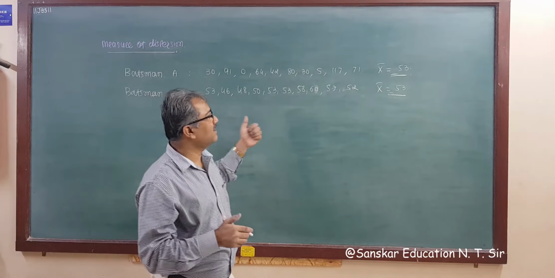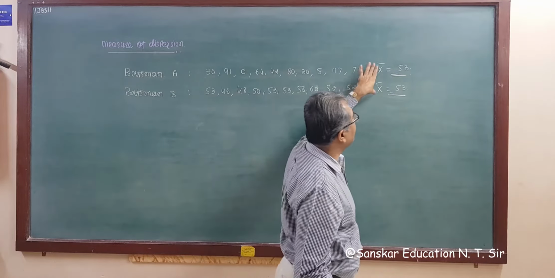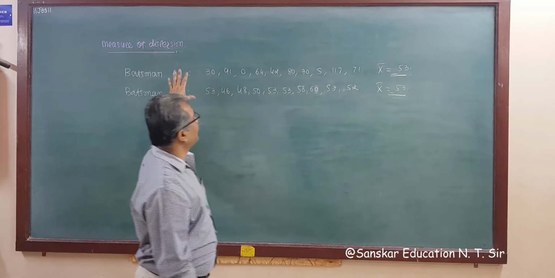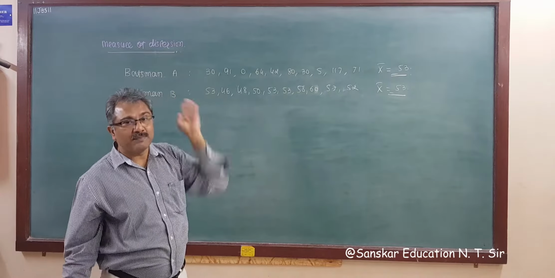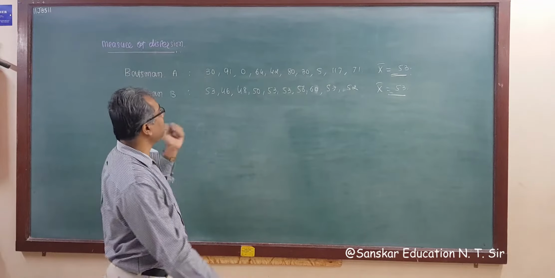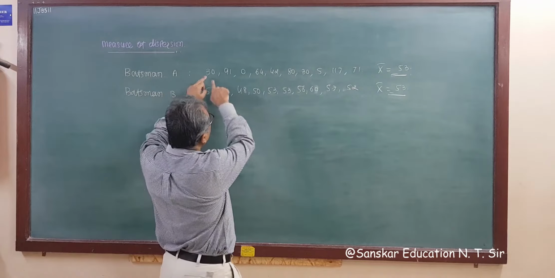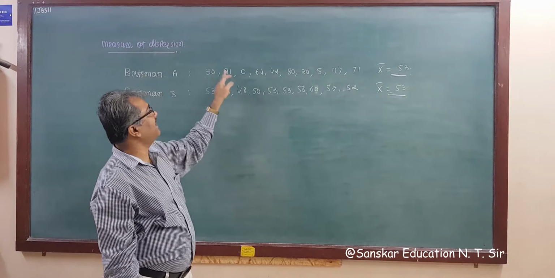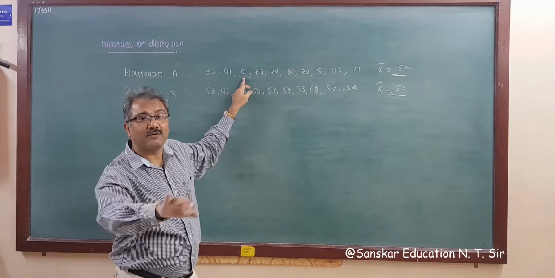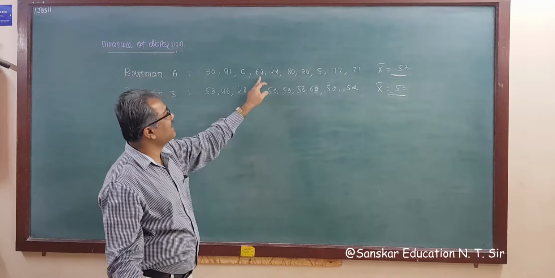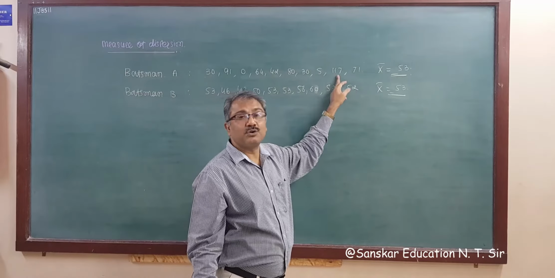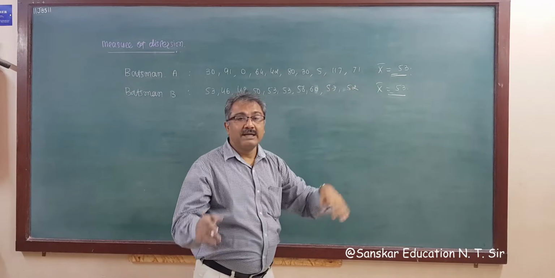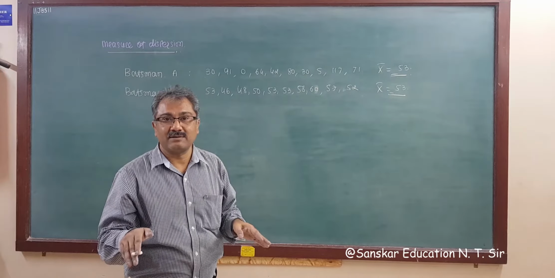We can never say clearly from here that the performance of both batsmen is the same. See here, batsman A sometimes makes 30, then 90, then 0, a duck, then 64, and once he scores 117. So he is not a consistent player.